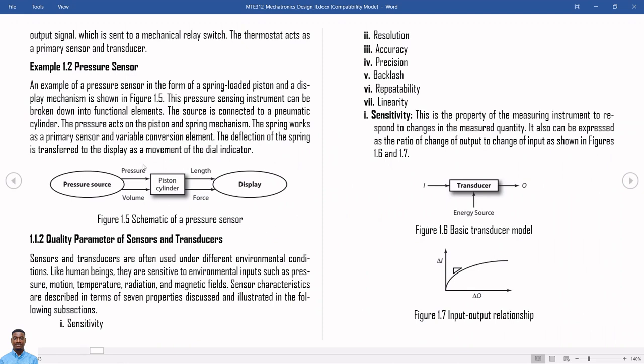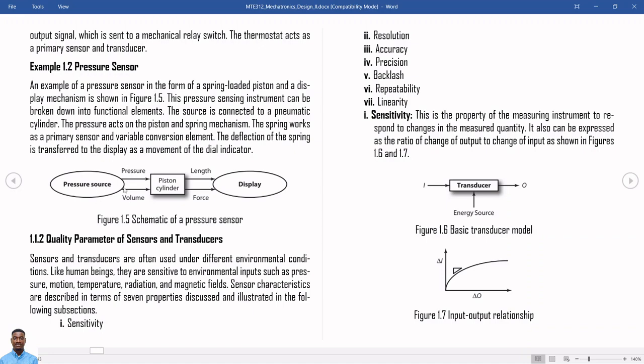Also here you have a pressure sensor illustration whereby you have a pressure source, a piston cylinder, and a display. Now we know that as your pressure increases, your volume will reduce and vice versa. So as your pressure increases, your piston displacement will increase, which will cause a display accordingly.